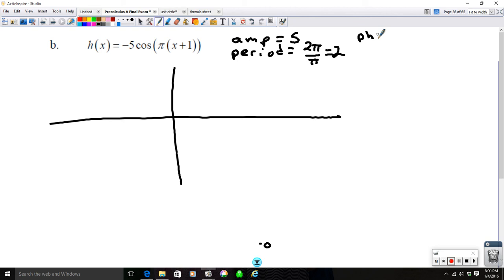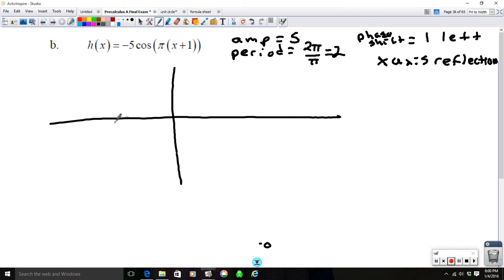Phase shift is x plus 1, so that means it's 1 unit left. And there is no vertical translation. In terms of a reflection, we have an x-axis reflection. So if it asks you to describe the reflection, you describe it that way. It's the way to remember that it's starting at minimum instead of maximum.